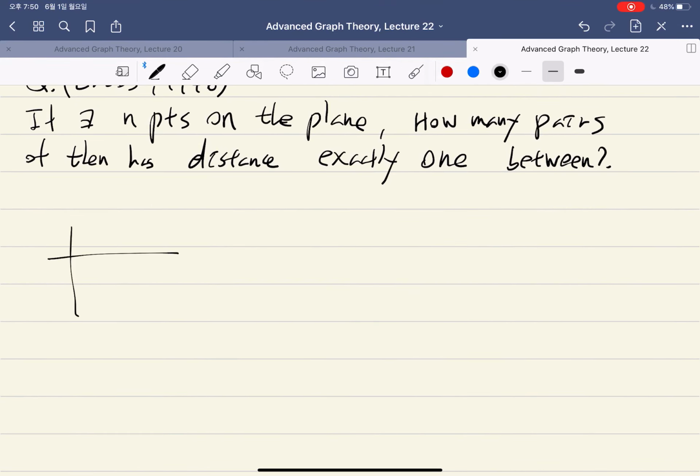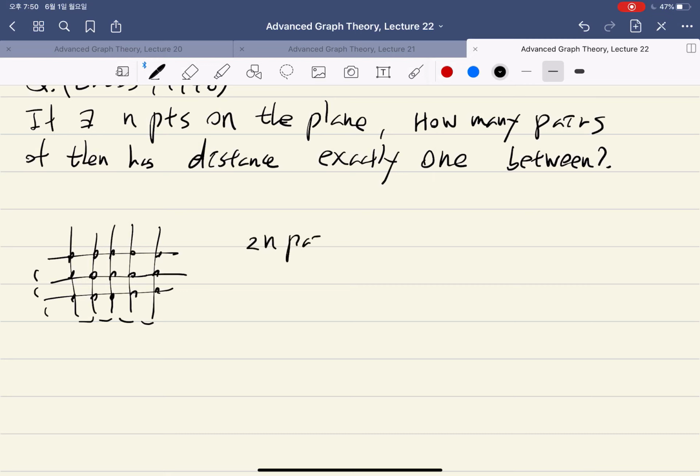The easy way is if you consider a grid, with every distance 1, and then choose these endpoints, then you can get like 2n pairs plus some constant.